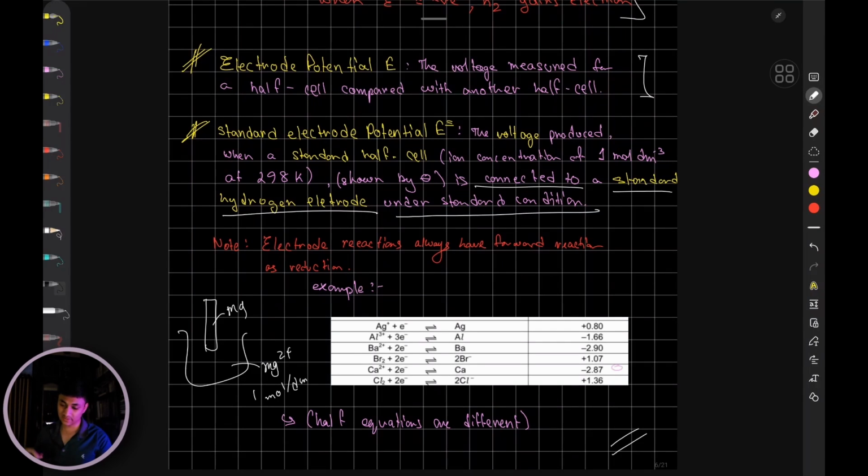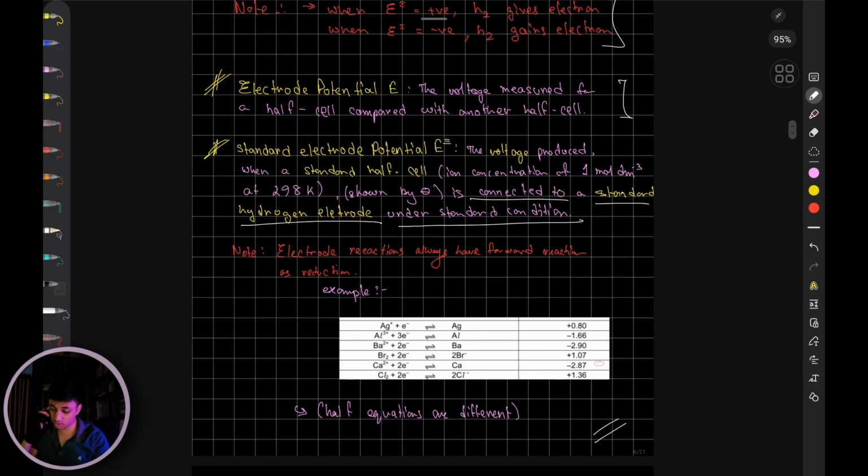In that case, the cell potential that you get between the hydrogen and hydrogen ion half cell and the magnesium and magnesium half cell, that is going to be your standard electrode potential of magnesium. Because you're measuring the magnesium half cell against the hydrogen half cell, right? So that is the definition of standard electrode potential.